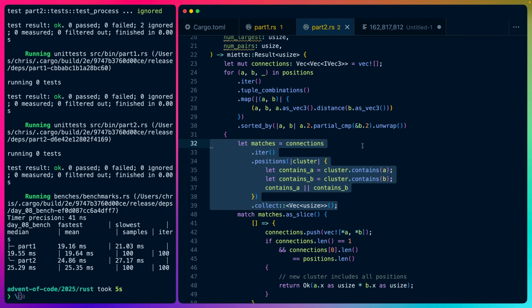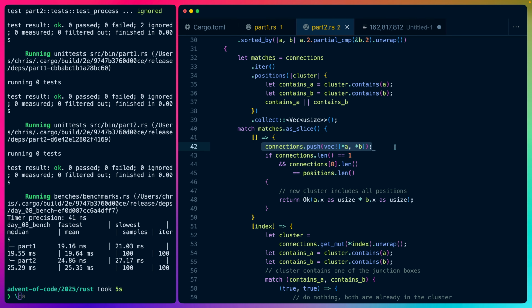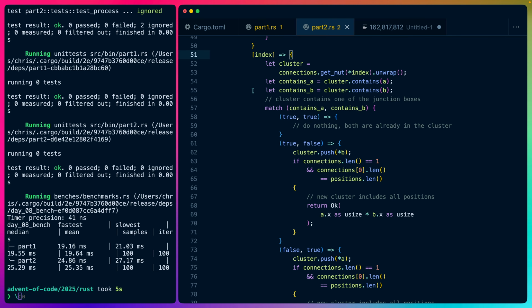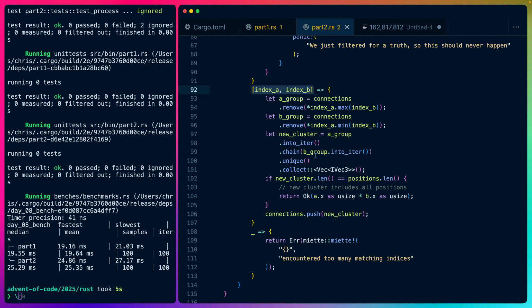So we have to iterate over the connections in some way. We then take that slice and we push into the connections with a new vec, or we run some more logic. I think that the merging overall is probably the most expensive piece. This vec is probably also growing past its allocation.